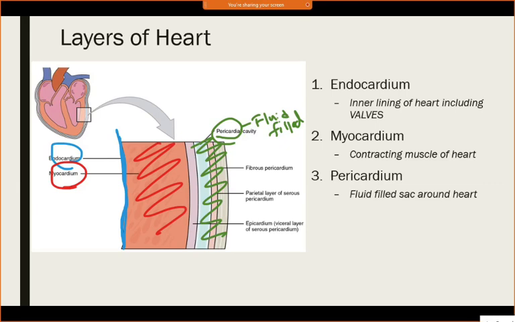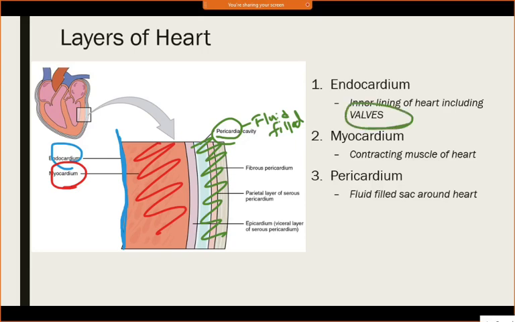So we have 3 layers to our heart: the endocardium, the myocardium, and the pericardium. The myocardium is the actual muscle. Endocardium is a lining. The important thing to remember is that when you have endocardial disease, that includes the valves, because the endocardium includes the valves.